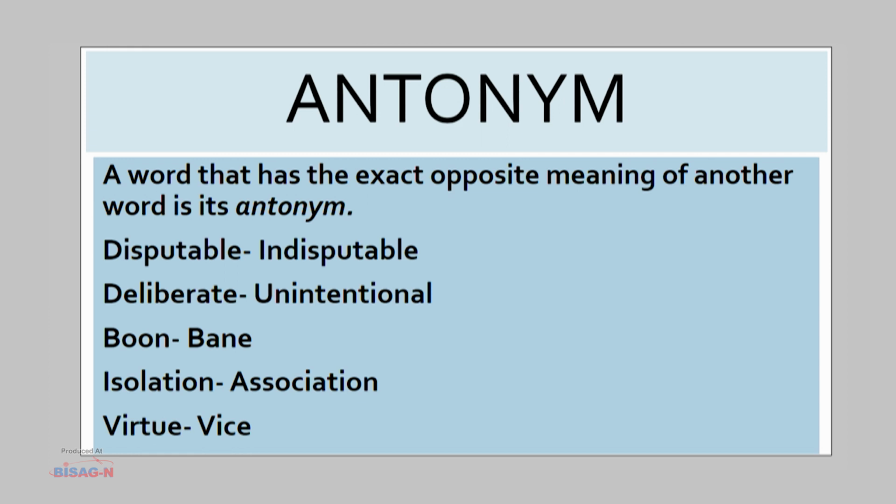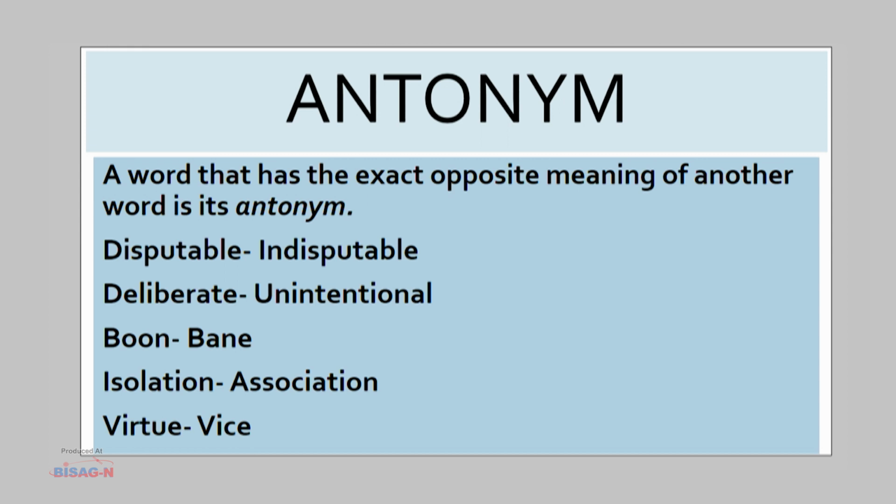A word that has the exact opposite meaning of another word is called an antonym. Antonyms are opposites, right? So whenever you have an opposite meaning of something, that is known as an antonym.